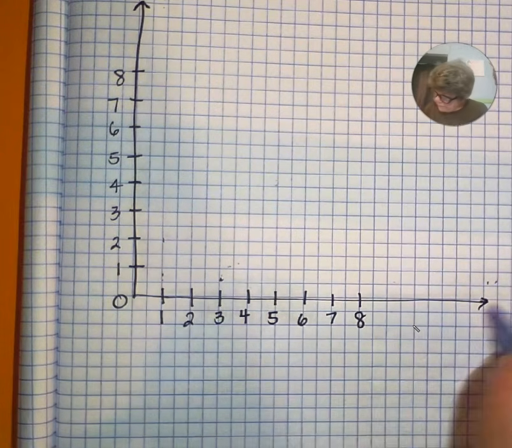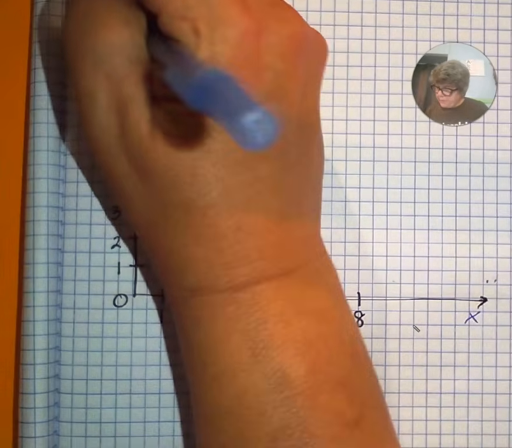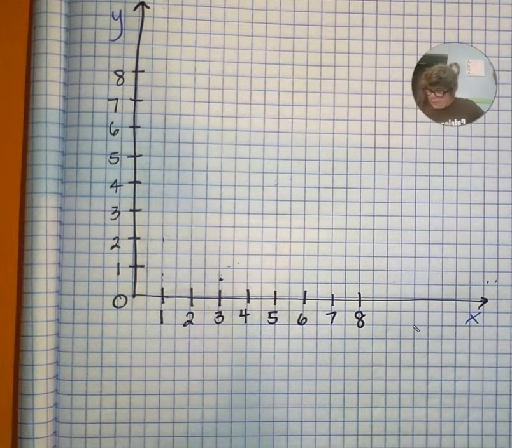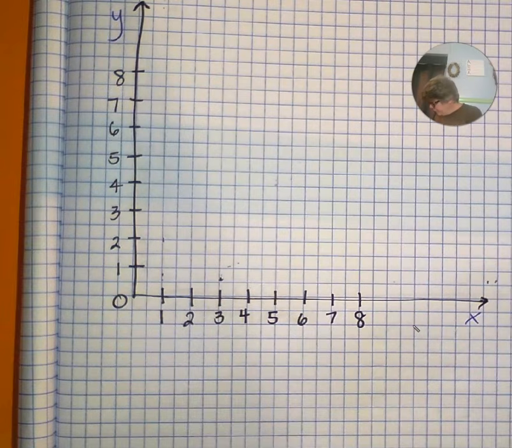X and Y have the same scale. And what do you notice about the interval length? It is 1/2. Very good. Your interval length is 1/2 because each one is broken into halves, right? Okay, that's awesome.